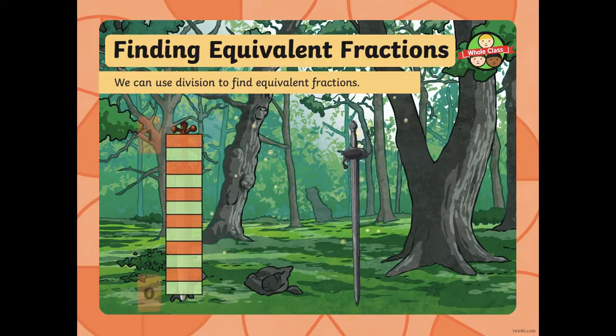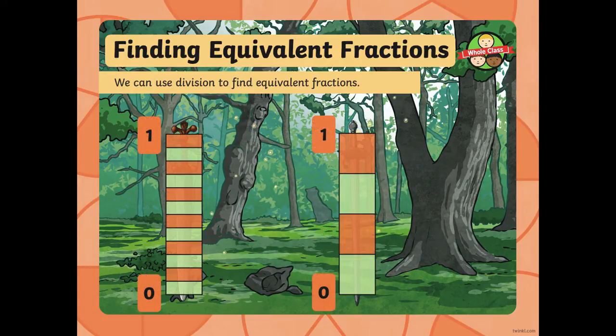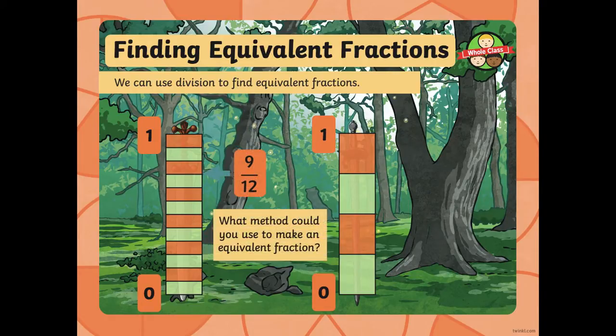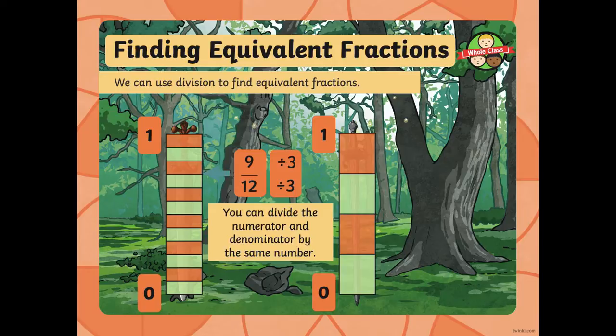So we can multiply and divide to find more equivalent fractions. Here we have 9 over 12. What could we do here? Can we make an equivalent fraction? Yeah, we can. We can divide the numerator and the denominator by 3.